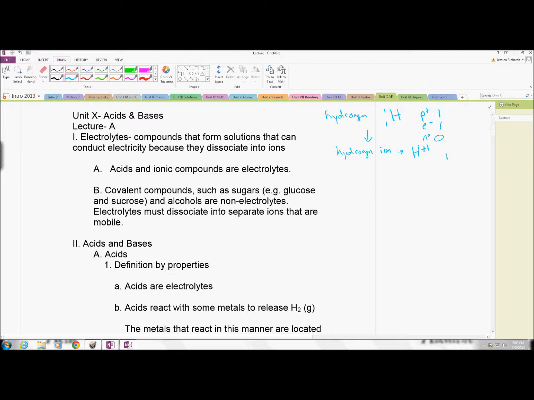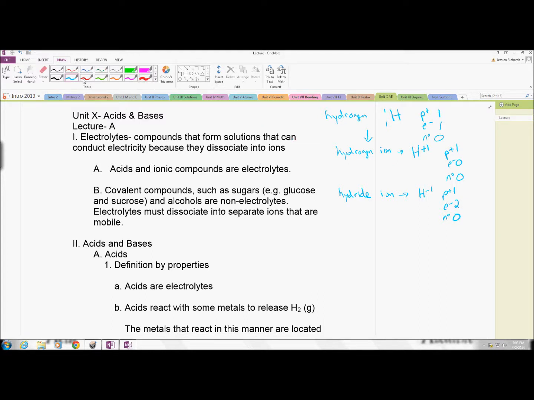That means he is now made of just one proton. He loses his one electron in order to pick up that positive charge. If we have a hydride ion, that's the negative ion of hydrogen, minus one, and he now has two electrons instead of just one.